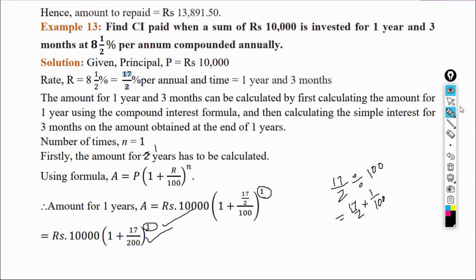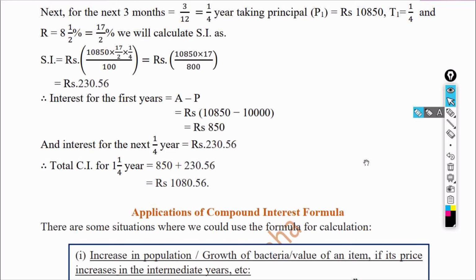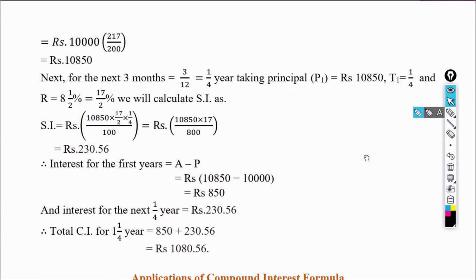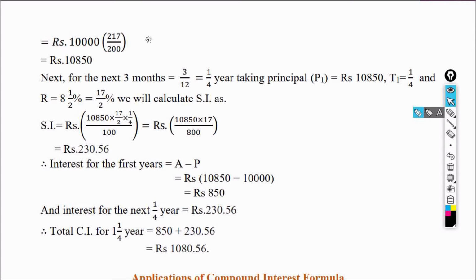Now just simplify. That is, when you take the LCM, you will get 200, and after simplification you will get 217 by 200, and multiply this by rupees 10,000.